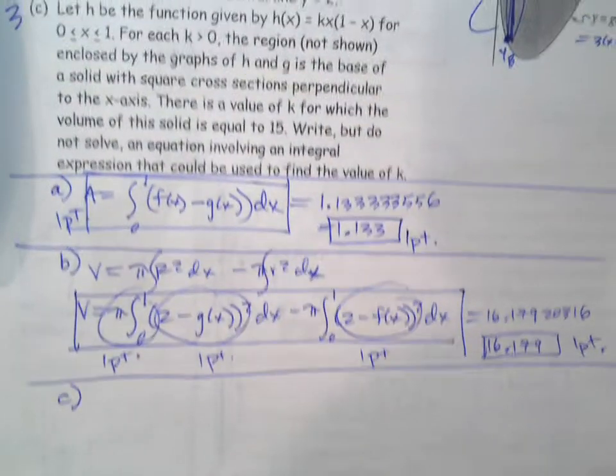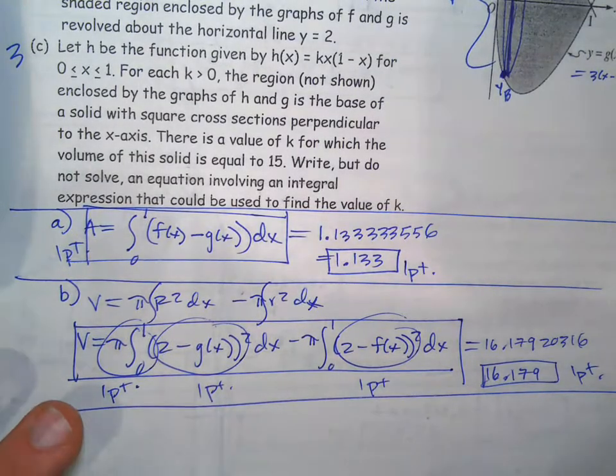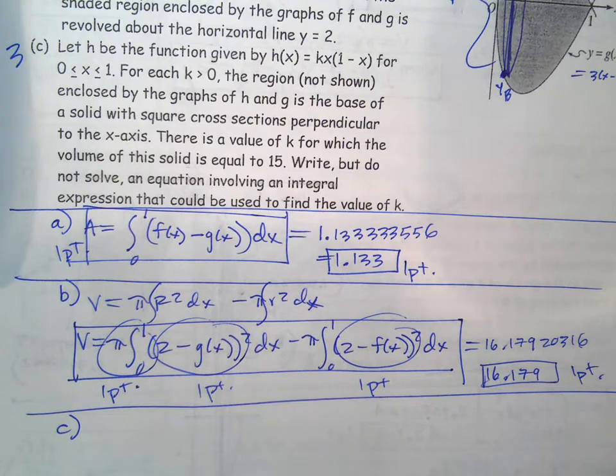C says, let h be a function. H of x equals kx times 1 minus x for 0 to 1 for each k greater than 0. Region not shown enclosed by the graphs h and g is the base of a solid whose square cross sections are perpendicular to the x-axis.